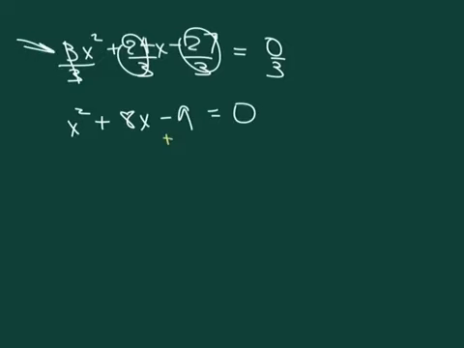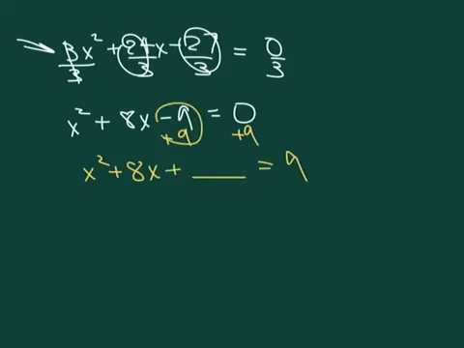Alright, so now we're going to add 9 to both sides to get rid of that 9. Alright, now we have a blank there because we took it away. We're just taking this and moving it over here and going to replace the 9 with another number. That other number then will be half of this squared. Half of 8 is 4. 4 squared is 16. And we add 16 here.